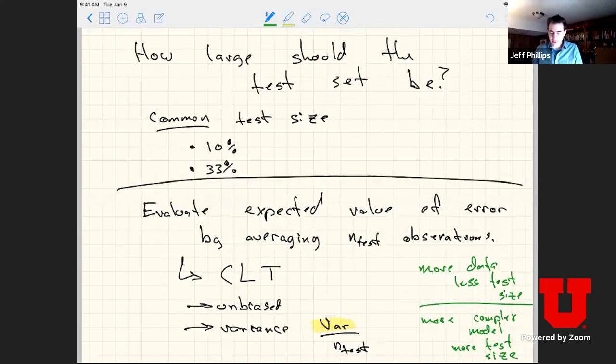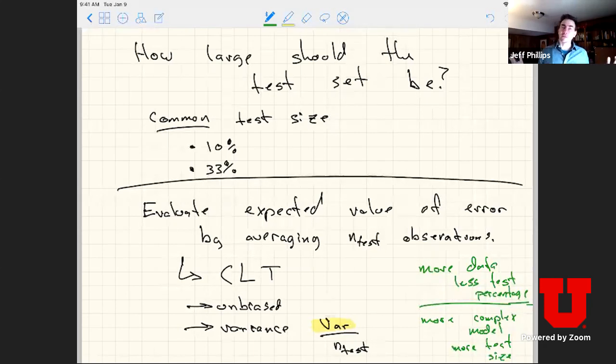Okay, so if you get more data, you need less. I mean, it's not size, I should say. Actually, this one is size. A lower percentage of the test data do you need with more overall data.